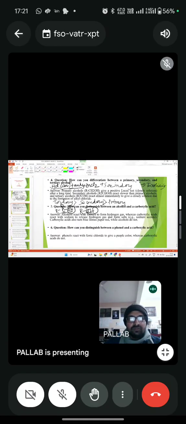But alcohol is not acidic in nature, neither basic in nature, so alcohol will not show any color change when we dip the litmus paper into the alcohol. So in this simple manner we can distinguish between carboxylic acid and alcohol. Litmus paper is the reagent which we normally use to separate alcohol and carboxylic acid.